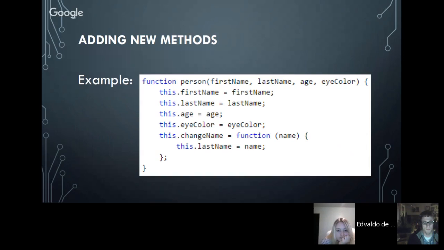And we have the last one, changeName, and we write a new function, and we have a parameter called name, and the last name changes to name.